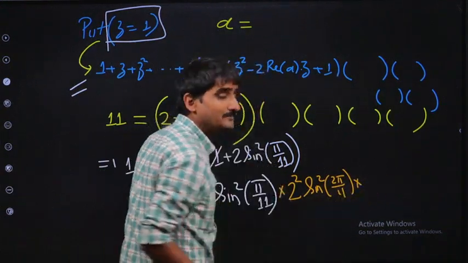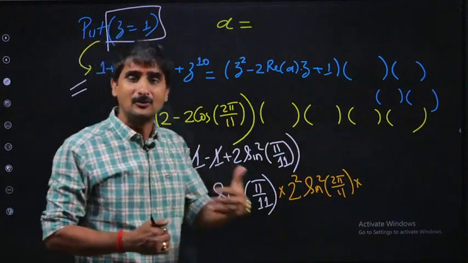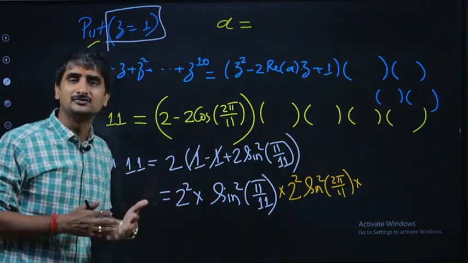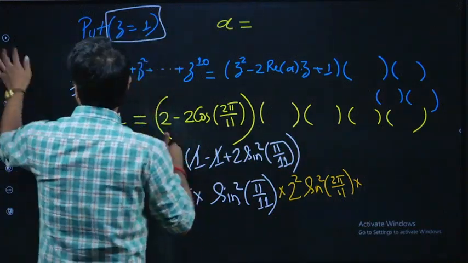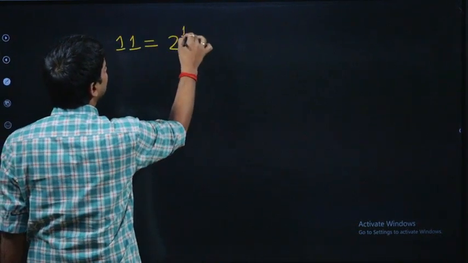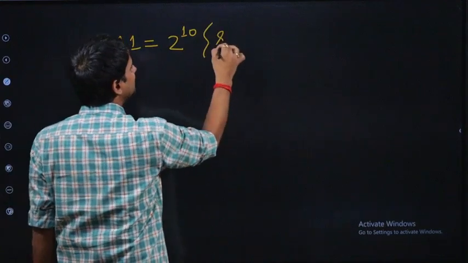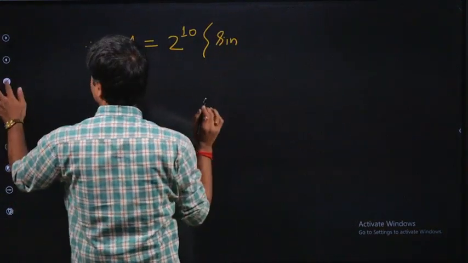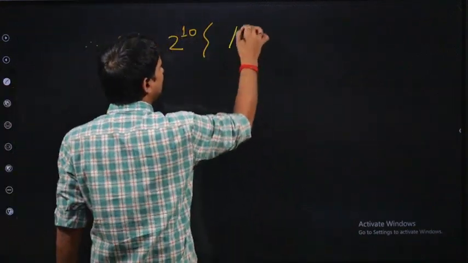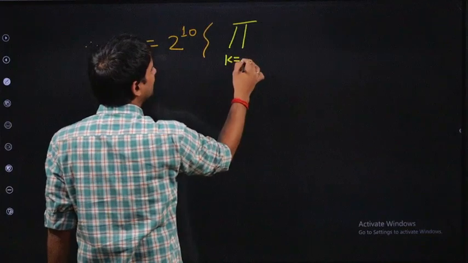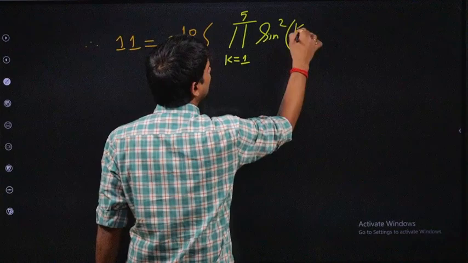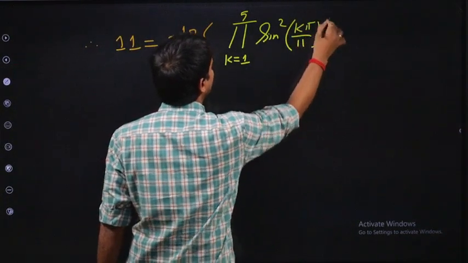Similarly 2 square sine square of 3 pi by 11, 4 pi by 11 and 5 pi by 11. How many times do we have 2 square? We have 5 times 2 square. So therefore 11 is equal to 2 raised to the power 10 into the product of k goes from 1 to 5, sine square of k pi by 11.